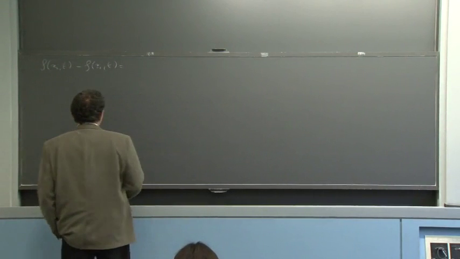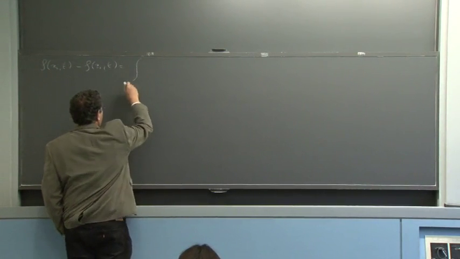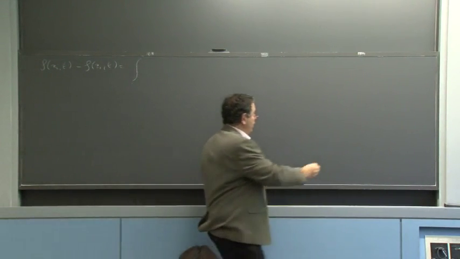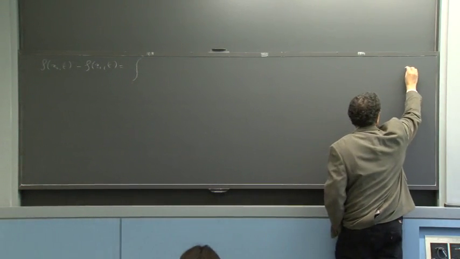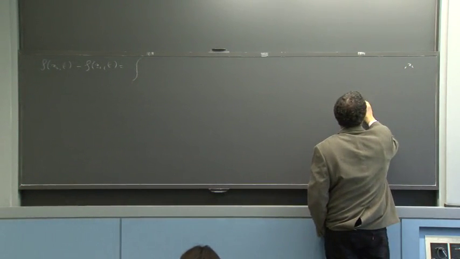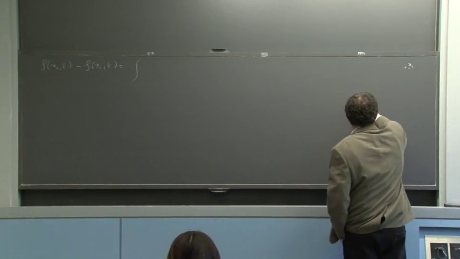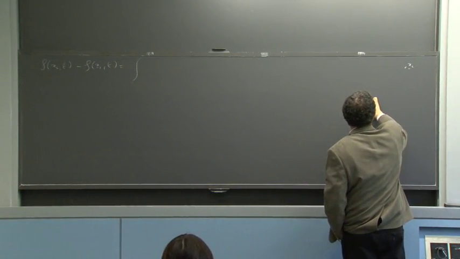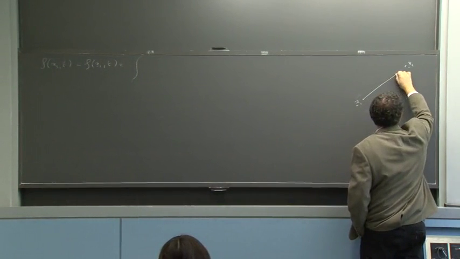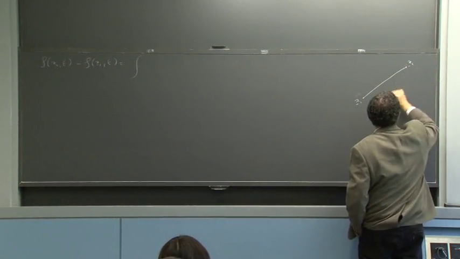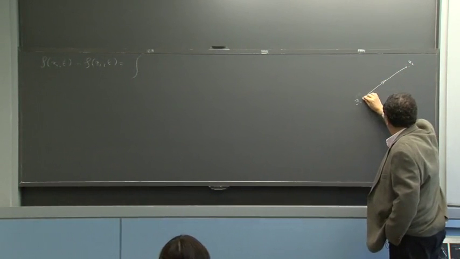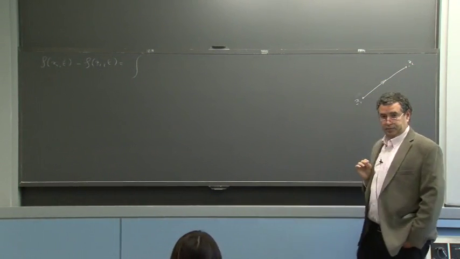So here, let's try to use an integral. The idea is we have these two points, x2 and x1. Everything is time varying, including these two points. At a given instant, we're looking at this line segment between x1 and x2.